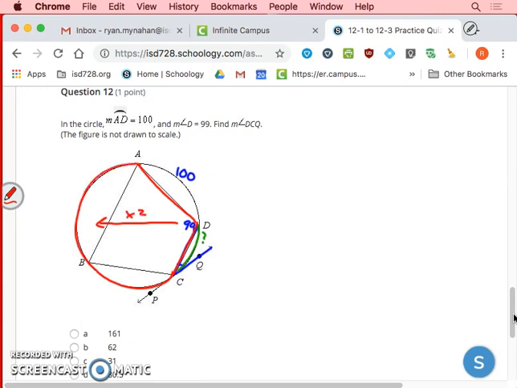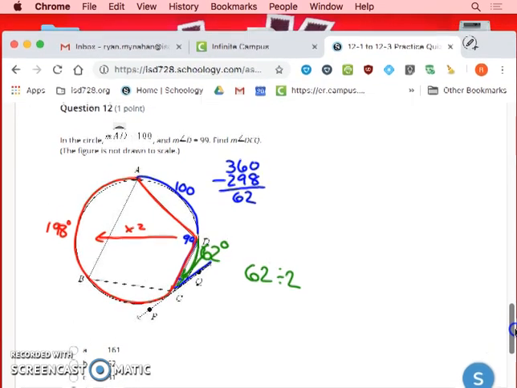So that means that 198 degrees is that whole red arc. So I could take the 198 and the 100, that's going to be 298. And I can take 360 minus that 298. I end up with 62. So I know that the green is 62 degrees. If I want to get my answer, I need to take that 62 divided by 2. All right, so 31 is going to be the final answer for that one.